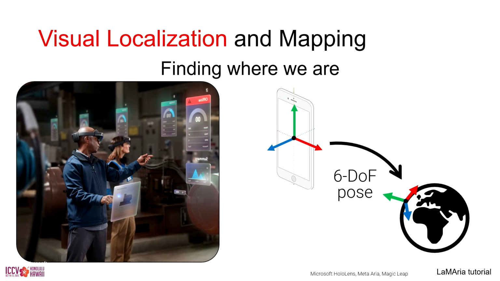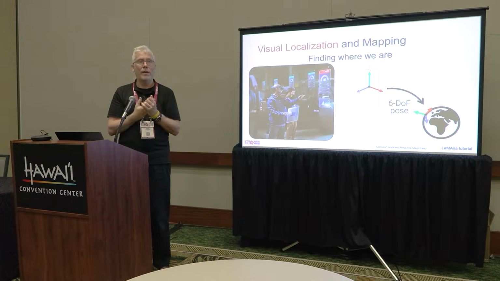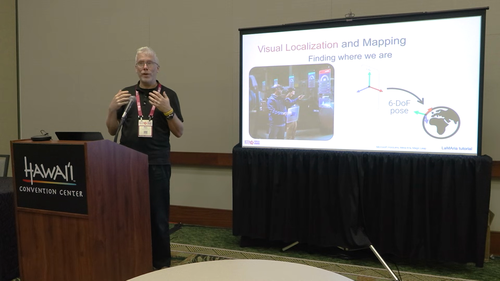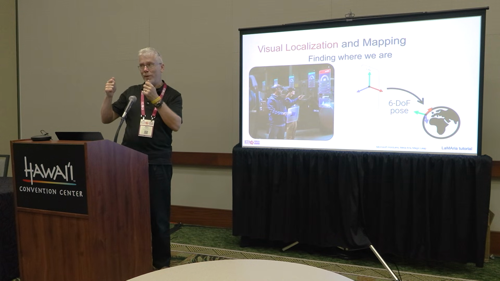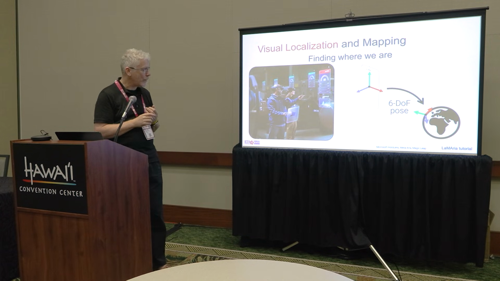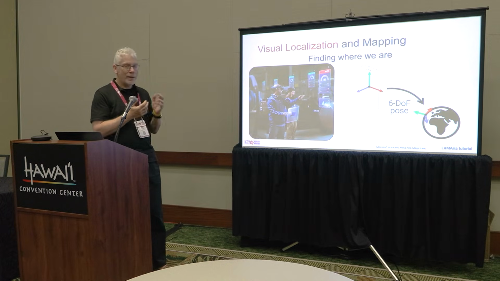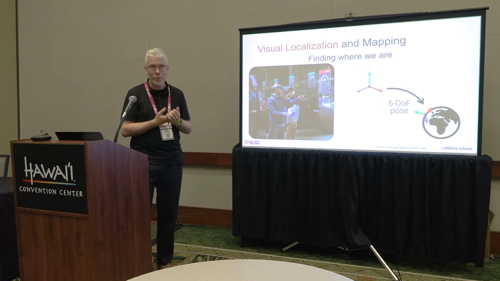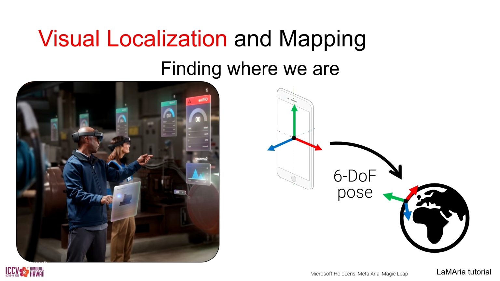So you can have pixel-aligned overlays on the world and be able to essentially predetermine what information in the physical world relates to what information in the digital world in a one-to-one fashion. For that you need to do 6-degree-of-freedom localization in the world, meaning you need to find both the orientation and the position of the device.